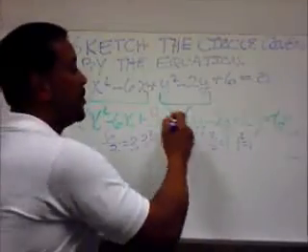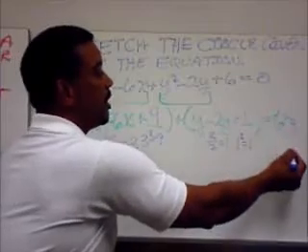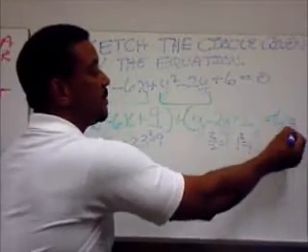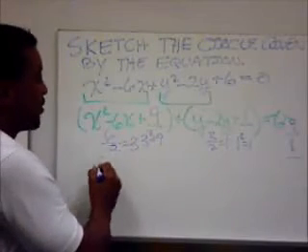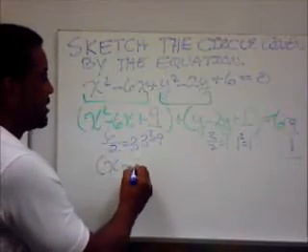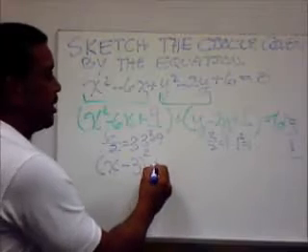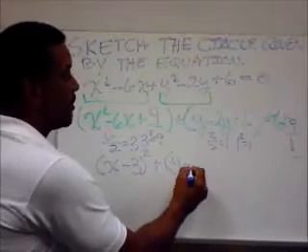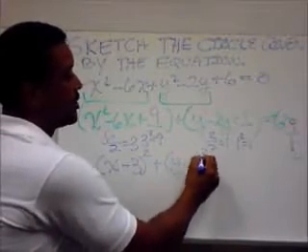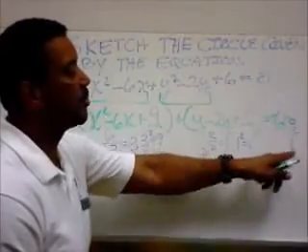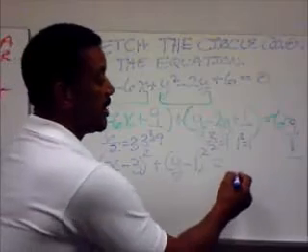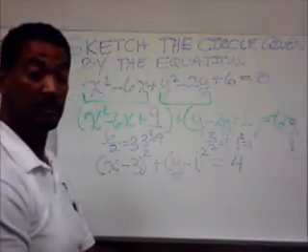We take both of those, the 9 and the 1, and we put them on the other side to keep everything equal. This is our perfect square, so we get (x minus 3) squared plus (y minus 1) squared has to be equal to -6 plus 9 plus 1, which is going to give us a +4.